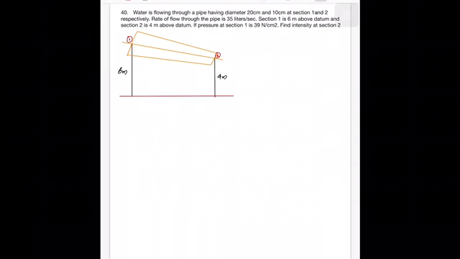Let us write all the given data. Section 1, section 2. Section 1, diameter equal to 0.2 meters, and section 2, diameter equal to 0.1 meter.